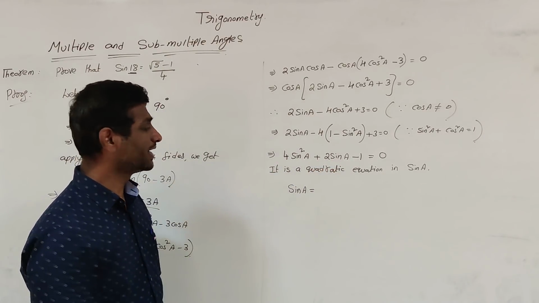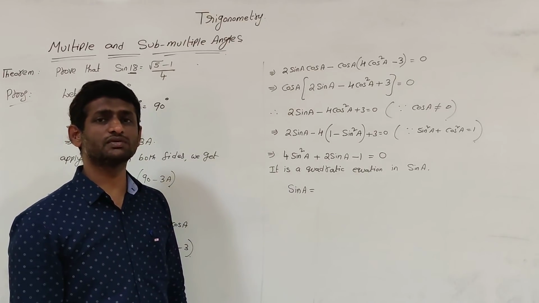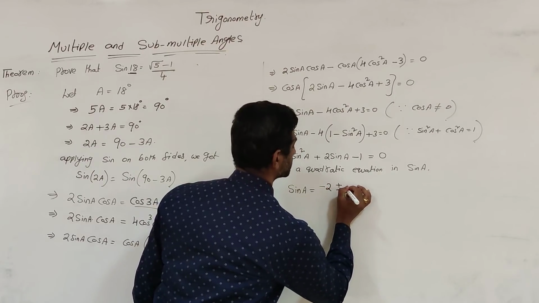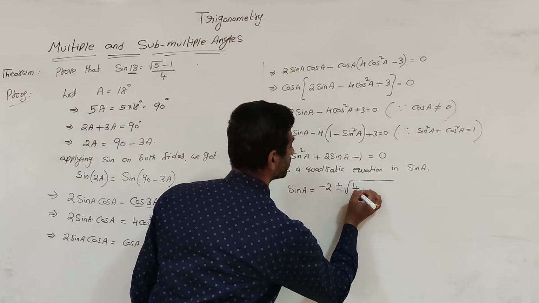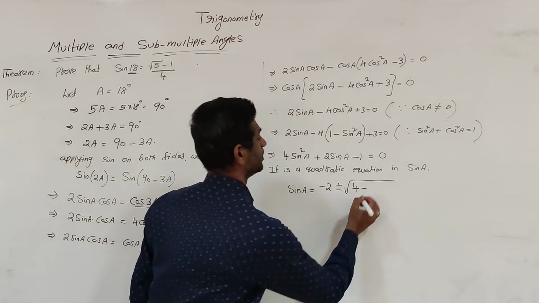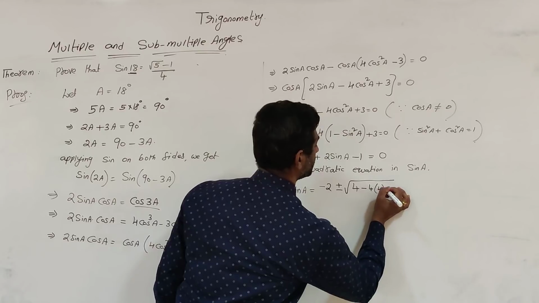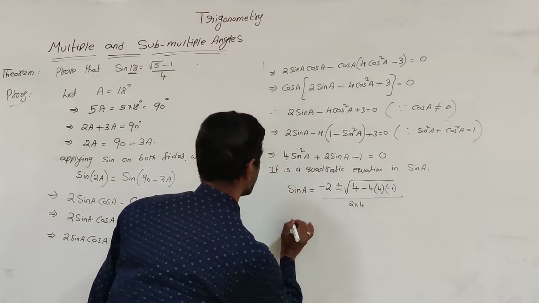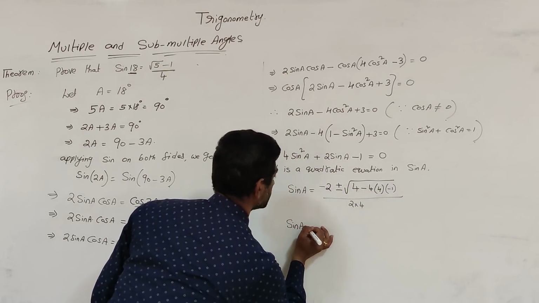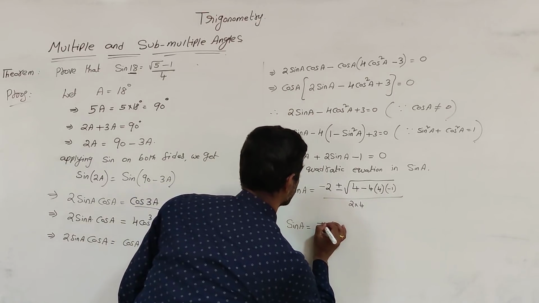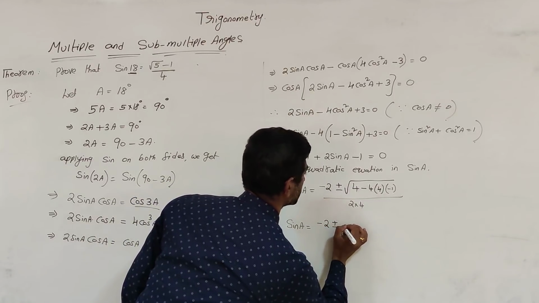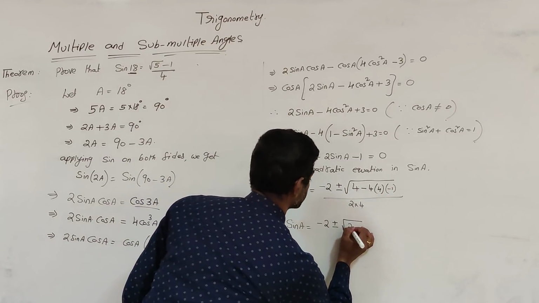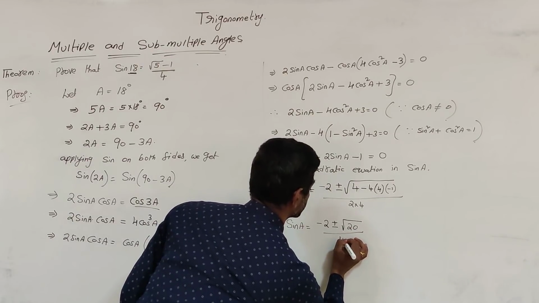Apply the formula: minus b plus or minus under root of b square minus 4ac, by 2a. Minus b means minus 2, plus or minus under root of b square, which is 4, minus 4 times a times c, which is 4 into minus 1, by 2a, which is 2 into 4. So sin a is equal to minus 2 plus or minus under root of 4 plus 16, which is 20, by 8.